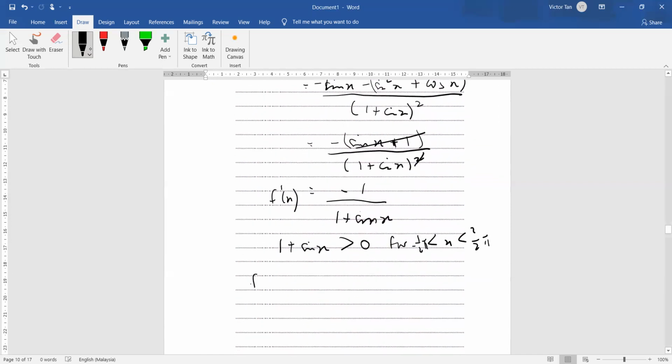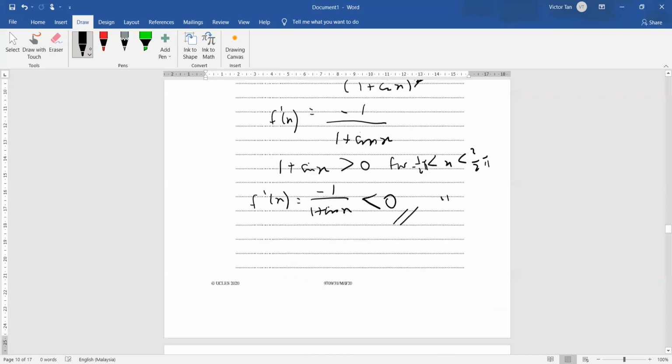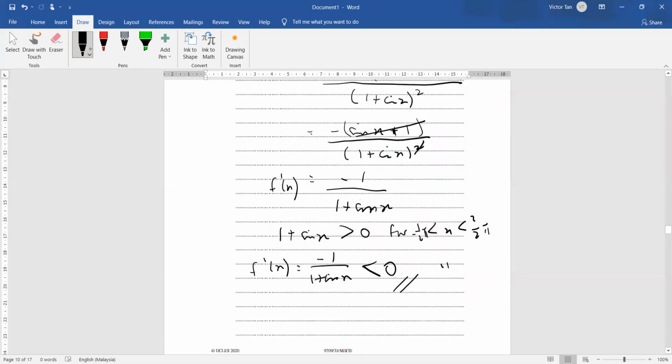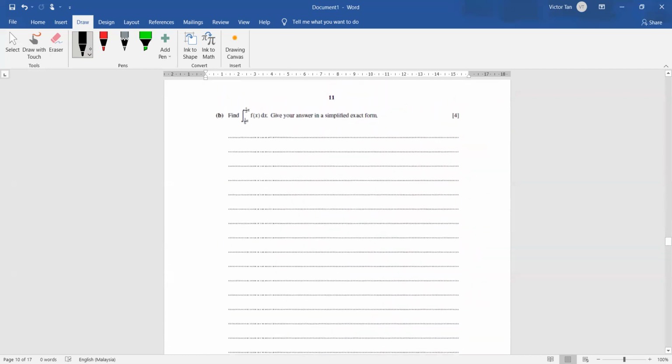So f prime x, minus 1 over 1 plus sine x, will be a negative value. Okay. So what does it tell you? It tells you that this is a descending function.